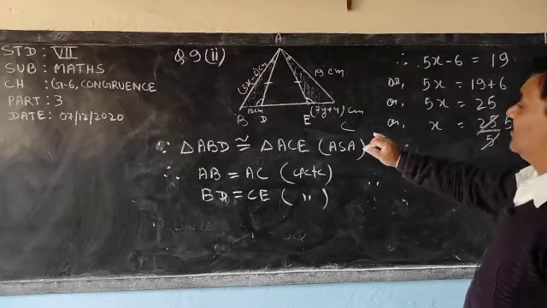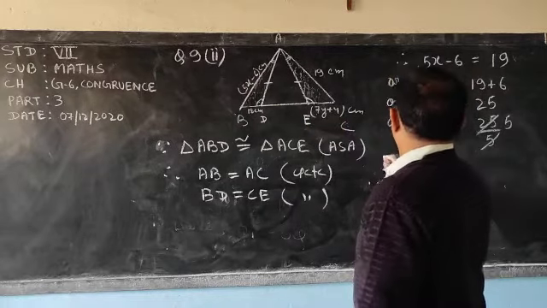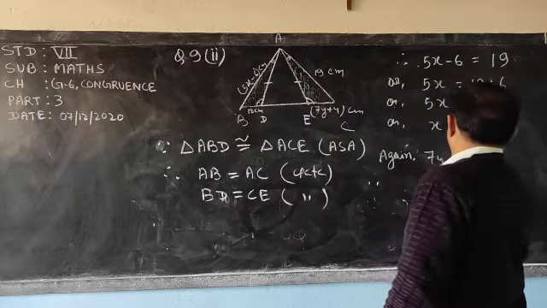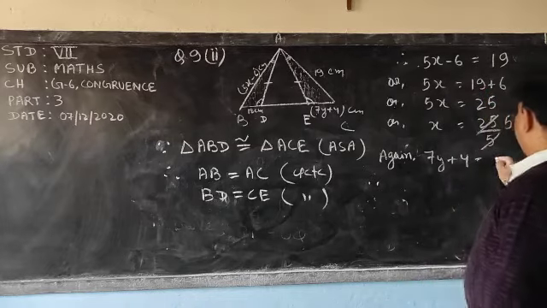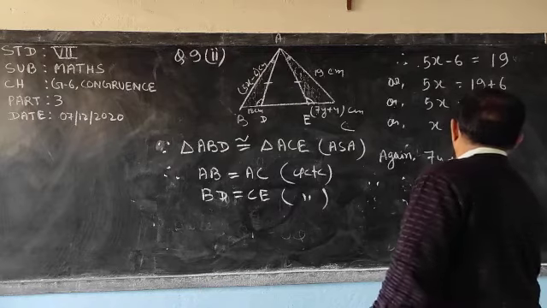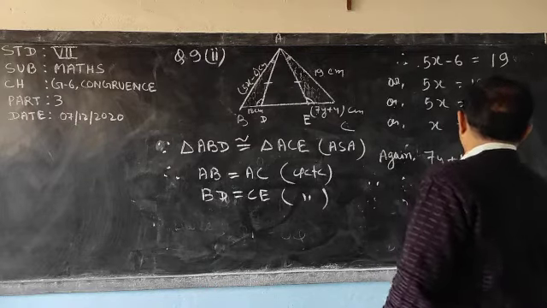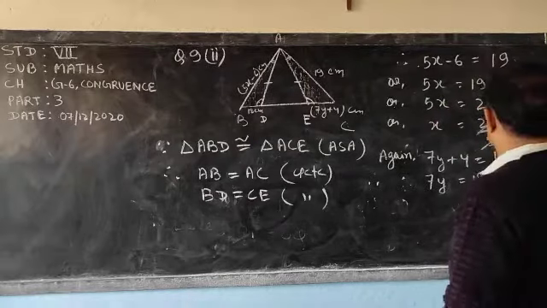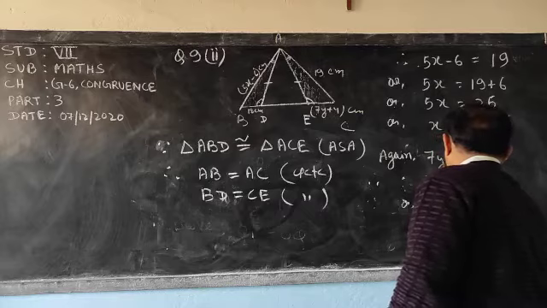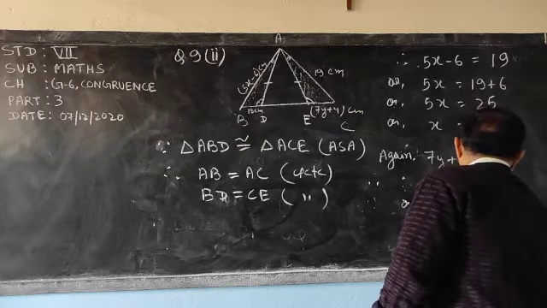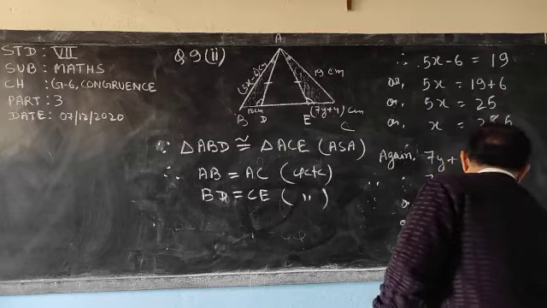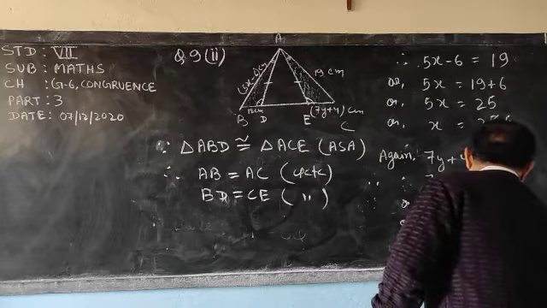Now find y. 7y plus 4 is equal to, again, 7y plus 4 is equal to 18. Therefore, 7y is equal to 18 minus 4. Okay. Or 7y is equal to 14, or y is equal to 14 by 7, means 2.